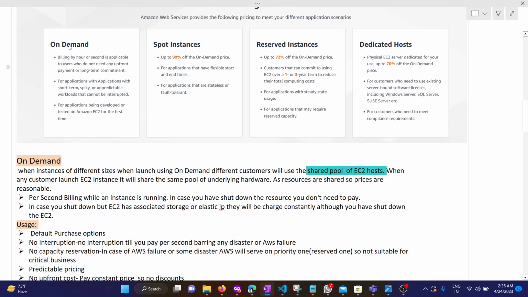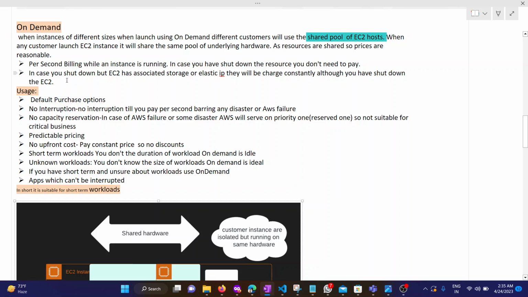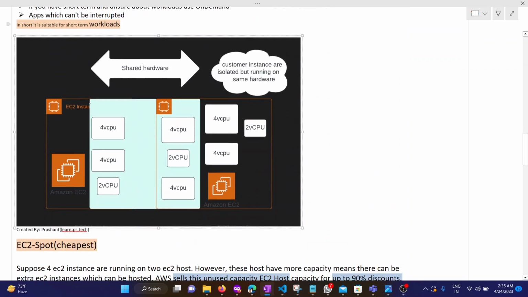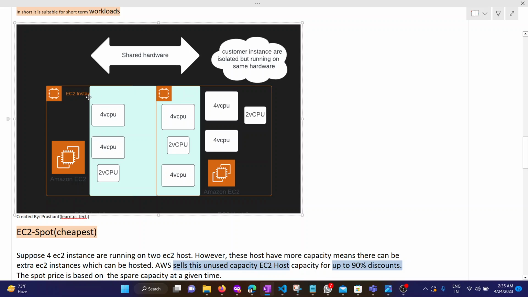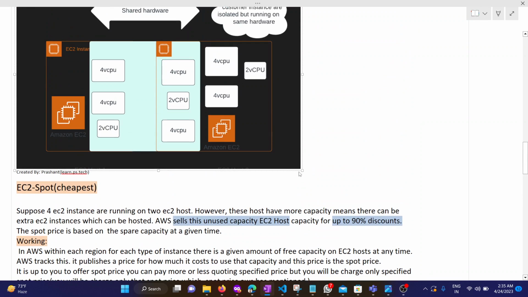Okay, what is on demand? I will explain the theory by the diagram. Something is not visible here, so let's see another diagram first. This is one content and another content. This is the first EC2 host, second EC2 host. What does it say in on demand?